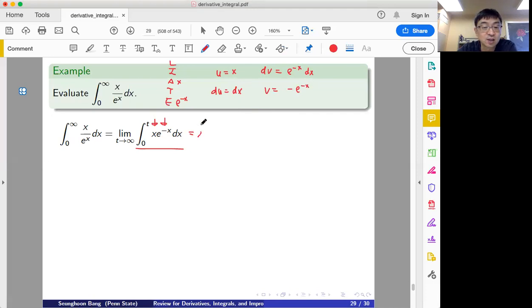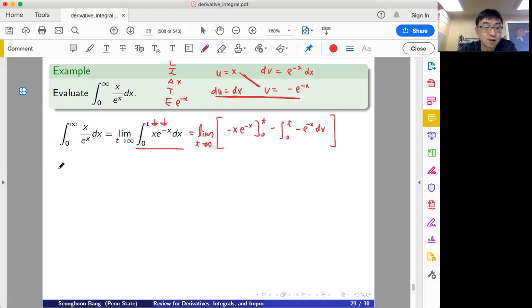So this is the limit as t approaches positive infinity. What is the first term? u times v: x times negative e to the minus x from 0 to t, minus the integral from 0 to t of v times du, the negative e to the minus x dx.